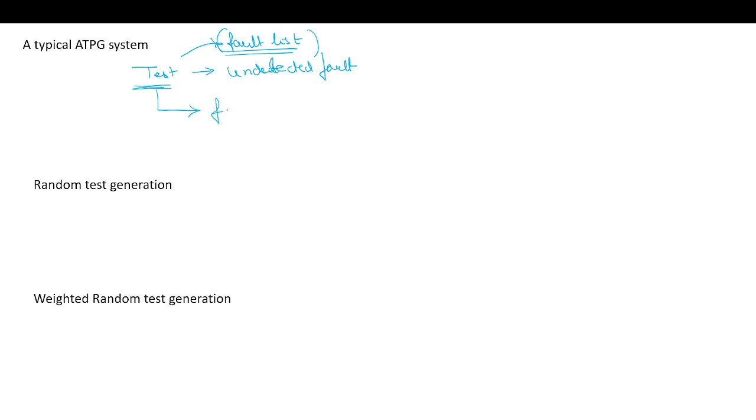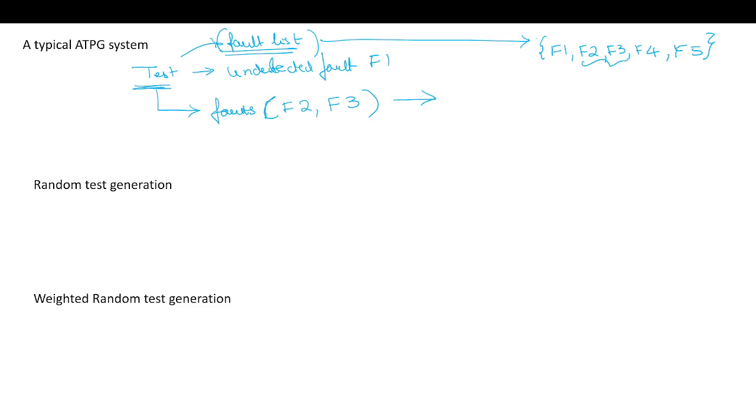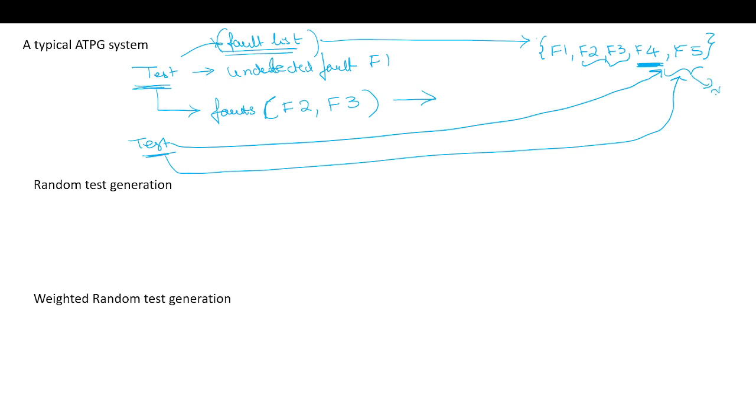Say we target F1; when we simulate this vector, we see that it also detects F2 and F3. Then from the fault list, we drop F1, F2 and F3, and the next test will be to detect F4, and if this pattern also detects F5, we drop both. Then we repeat the process.